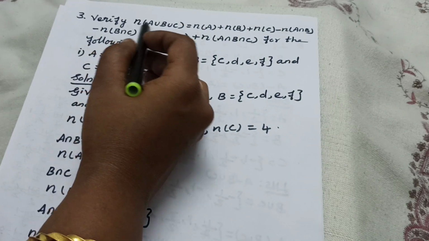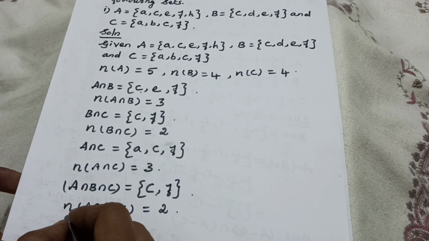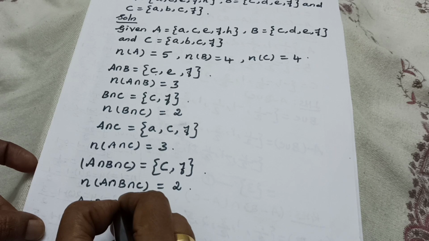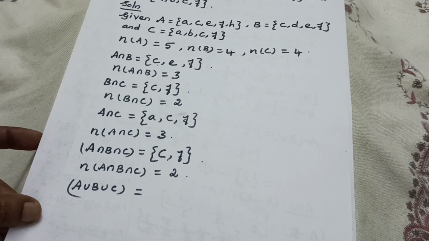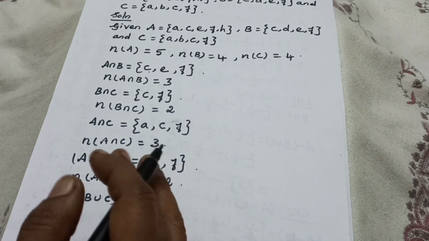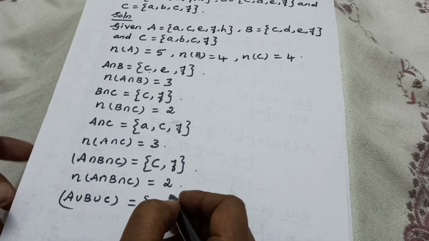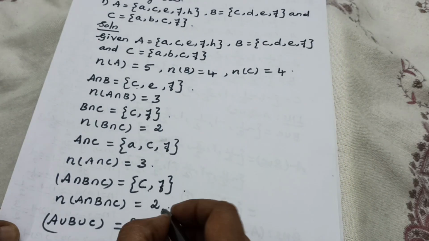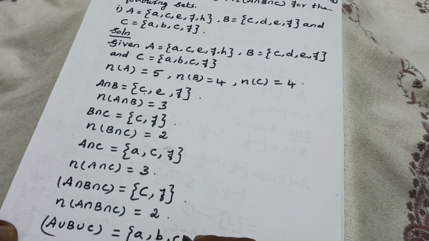Then afterwards n of A union B union C you want to find. So first we have to find A union B union C. Okay, A union B union C. Then here A union B union C means everything together we have to write. A set. Then B is in C set. So B also we have to write. C is there.